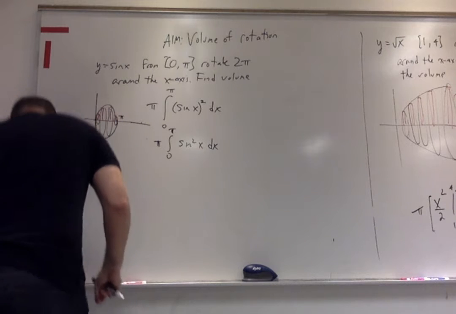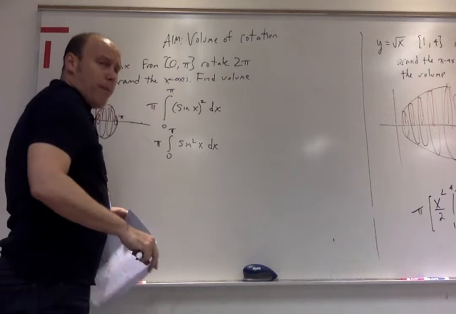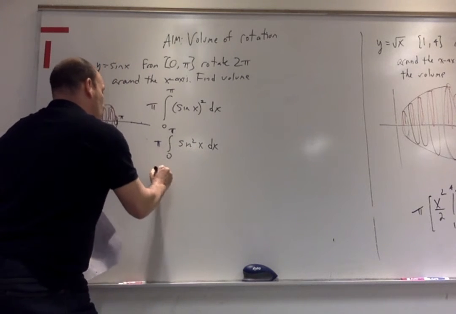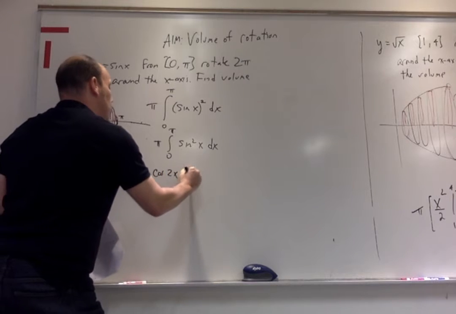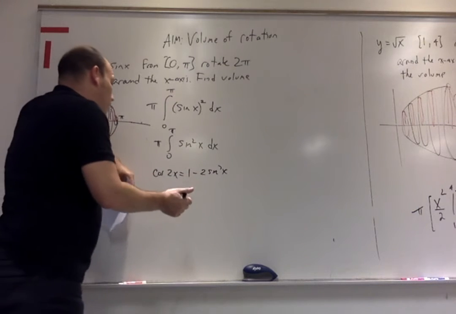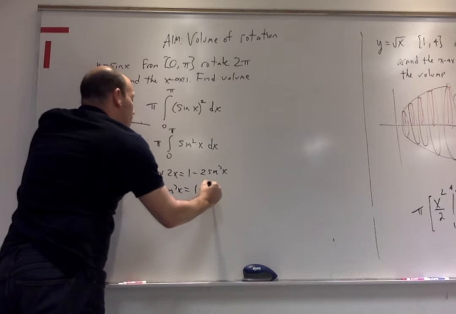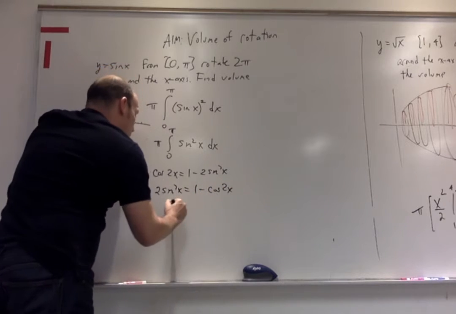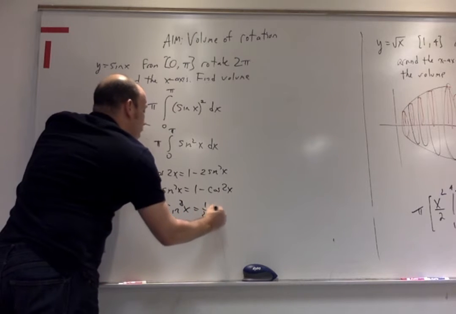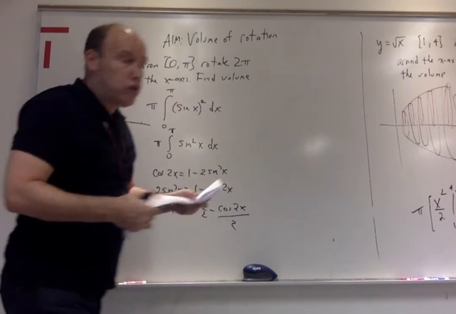We know from the last unit how to find sine squared. It might be in the book, but you can do this on your own. We recall that the cosine of 2x is equal to 1 minus 2 sine squared x. So 2 sine squared x is equal to 1 minus cosine 2x, and that means sine squared x is equal to 1/2 minus cosine 2x over 2, and we can do the math.